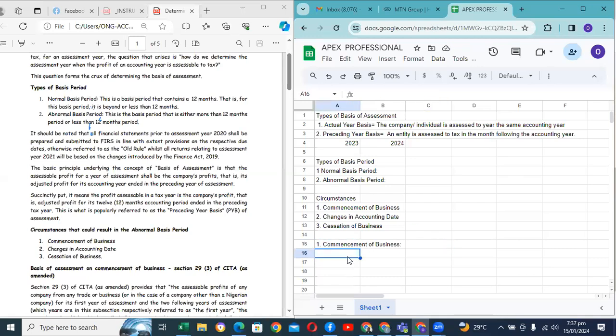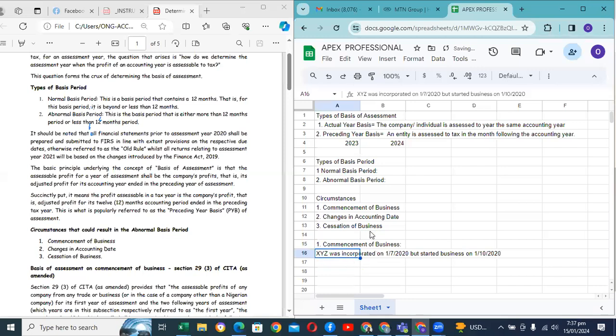The examiner will give you that, for instance, XYZ was incorporated on 1st of July 2020, but started business on 1st of October 2020.